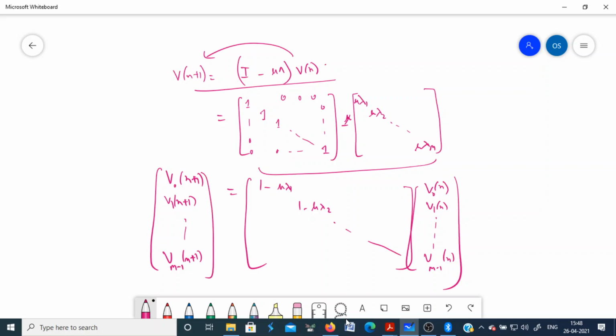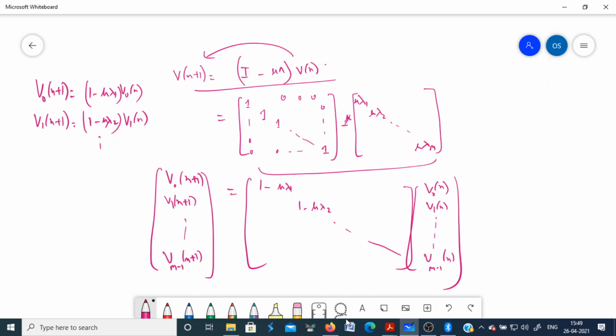So from this equation, V0(n+1) will be equal to (1 minus mu lambda 1) into V0(n), isn't it? Similarly, V1(n+1) will be (1 minus mu lambda 2) into V1(n), and so on.